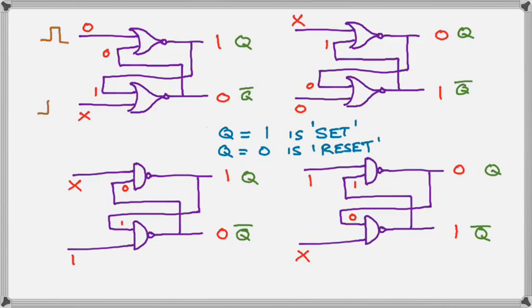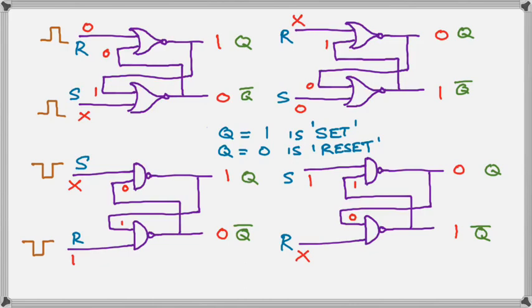we need now to check what we're going to do with our inputs. Now, it turns out that the NOR gates respond to a 1 and the rest condition is 0, whereas the NAND gates respond to a 0 and the rest condition is 1. We can actually see that from our diagram because we have a 0 written in red on the input that's active.